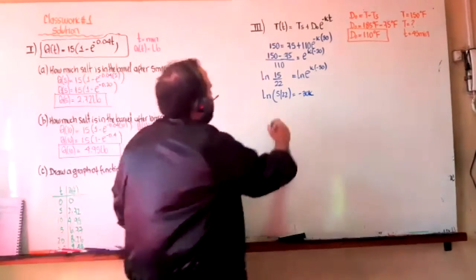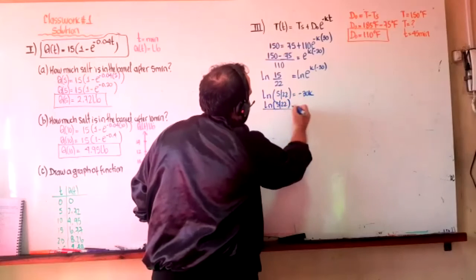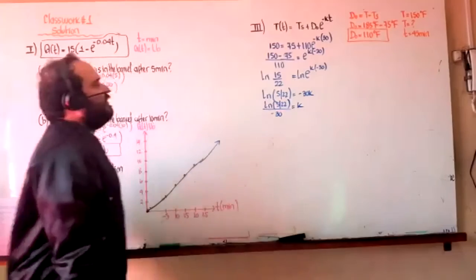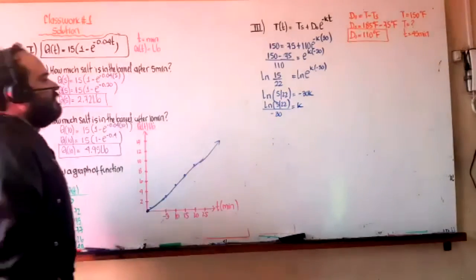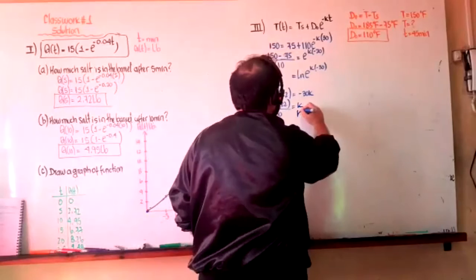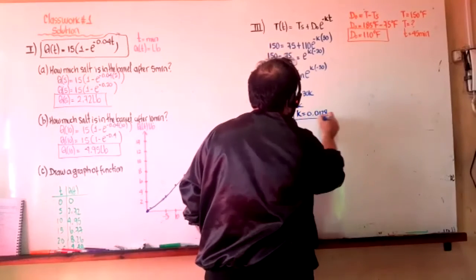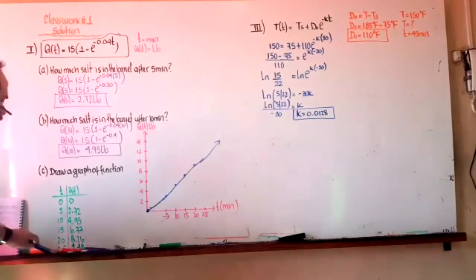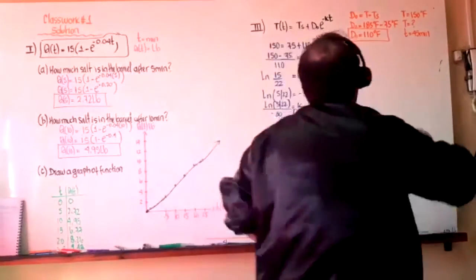So the natural logarithm of 15 over 22 over negative 30 will be the value of K. And that value of K, my dear students, will be given by 0.0128. So we have the K value. And because we have the K value, now we can write the function.